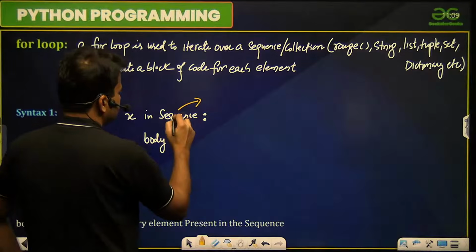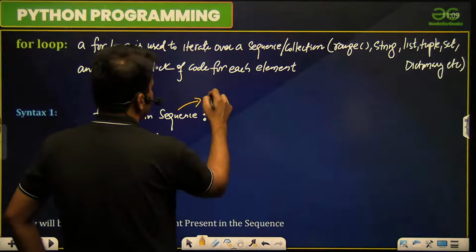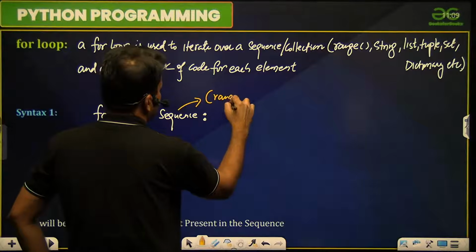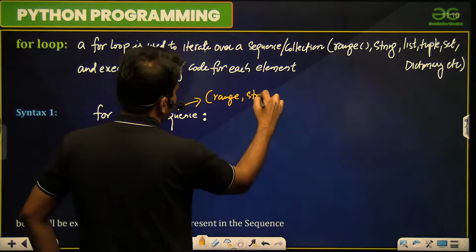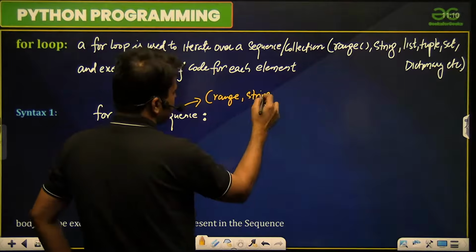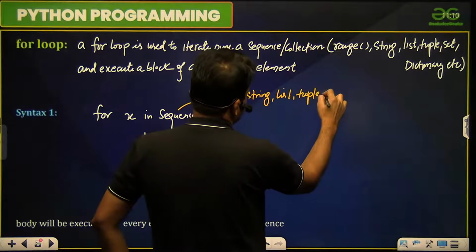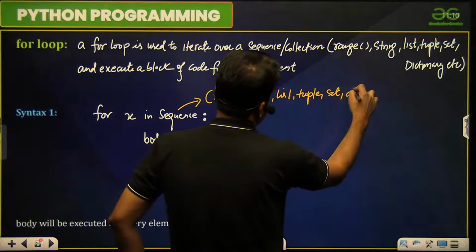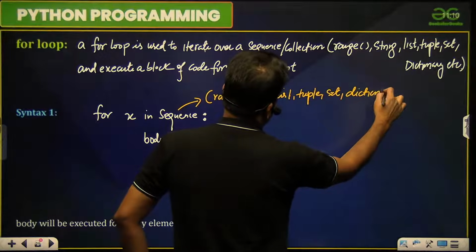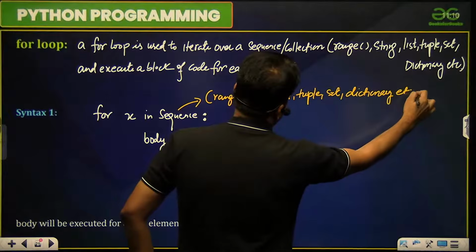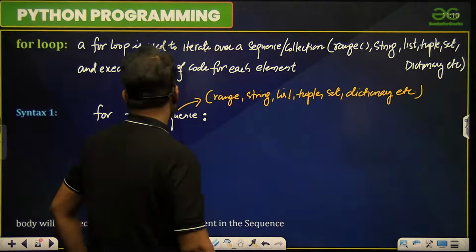What do sequence or collections mean, sir? You can use a range function or a string, these are sequences, and collections are just like list, tuple, set, dictionary, etc. Okay.